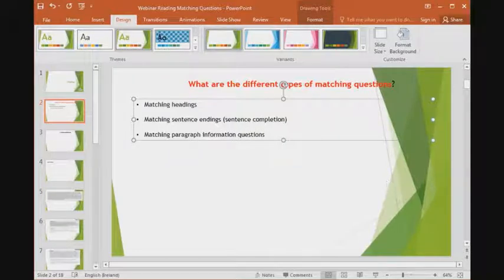Information questions. So what type of question do you think this is, matching paragraph information? What are you expected to do here?